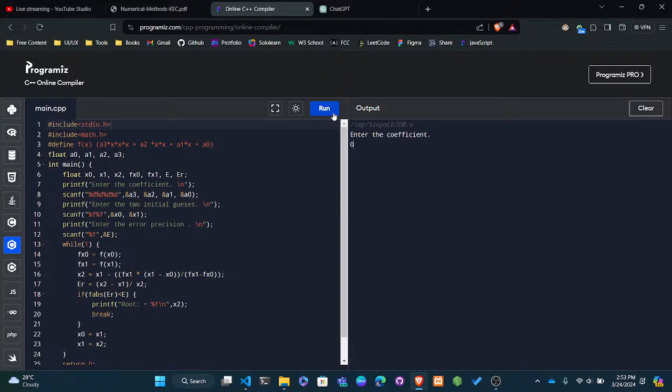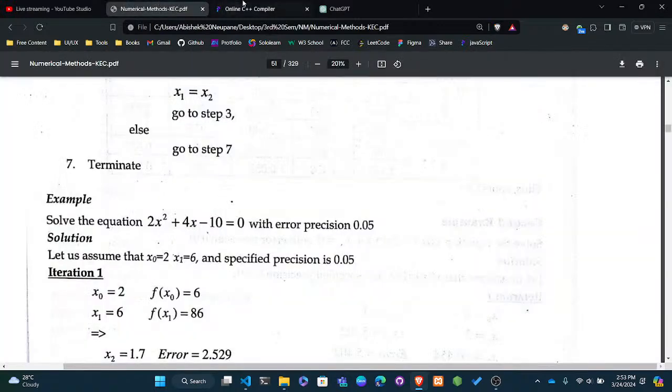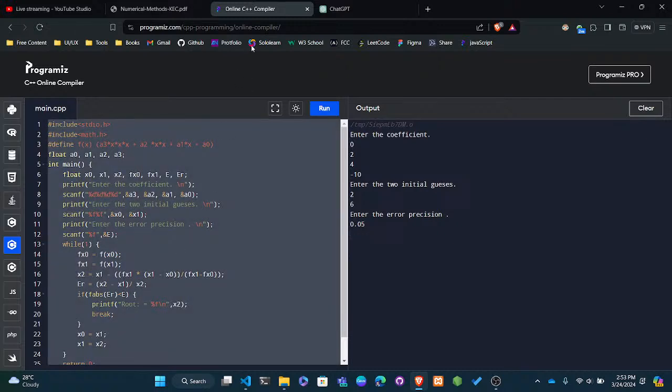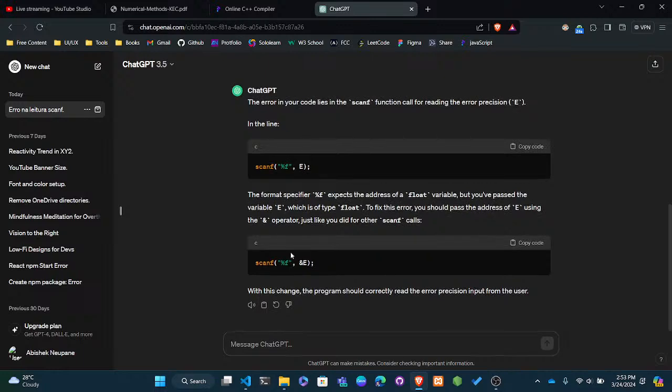Okay, now the first one is 0, next one is 2, next one is 4, next one is minus 10, guesses are 2 and 6, error is 0.05. Again, this is not working, I don't know why. Even ChatGPT cannot find my error.